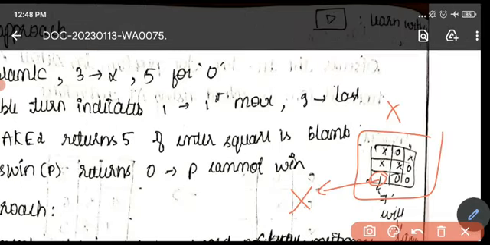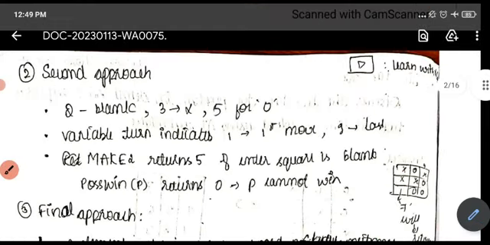Now it's clear. First you have 2, 3, 5 for blank, X and O, and the variable turn indicates the moves from 1 to 9. So we have possibly 9 moves.